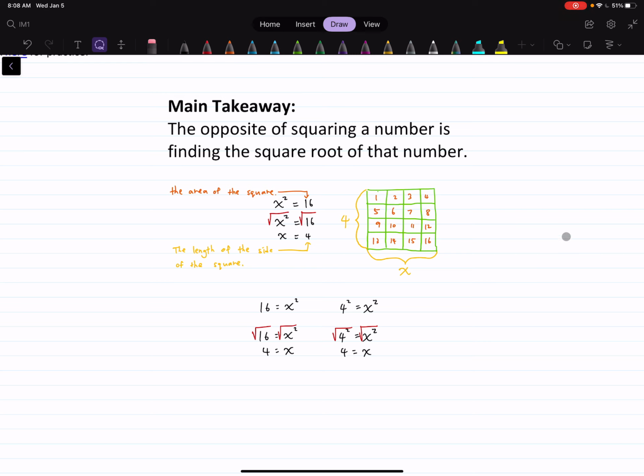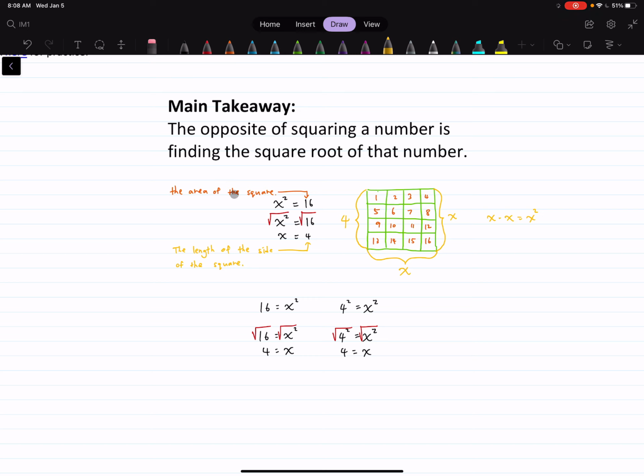This also is x right here. X times x will give you the area, x squared. But just one x is just the length of the square. Okay, so that's very important.